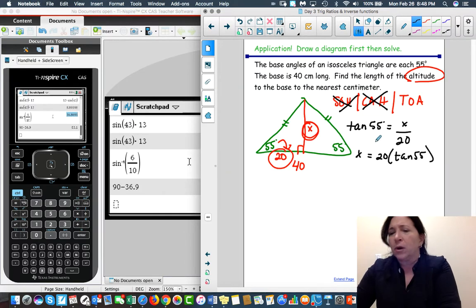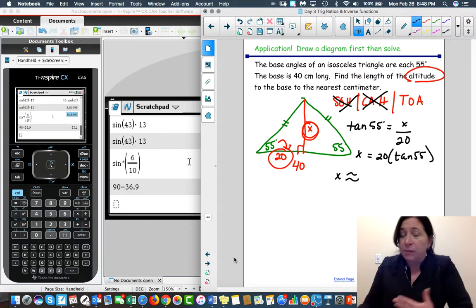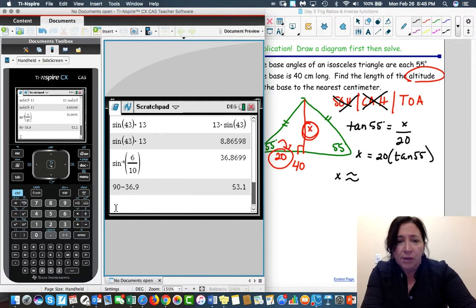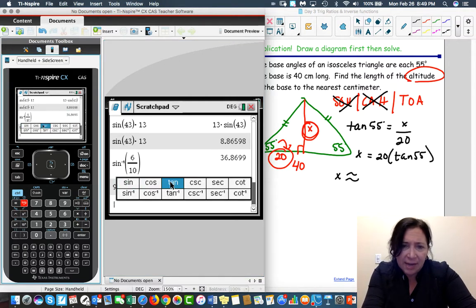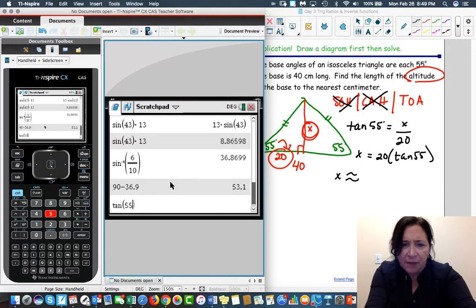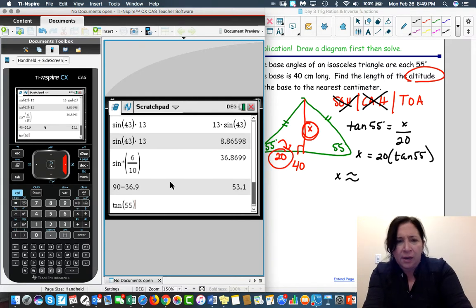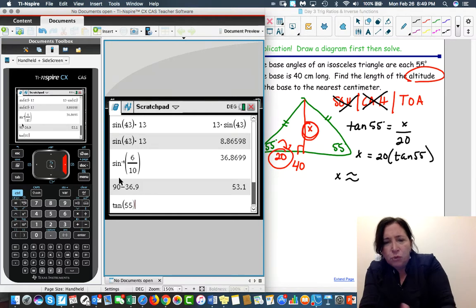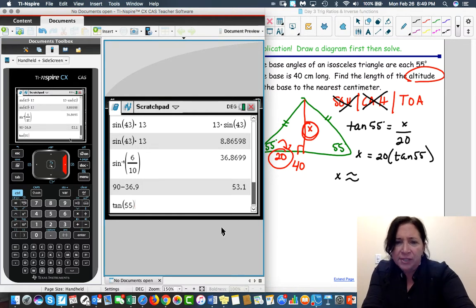And so I'm going to use my calculator, and remember, because I am going to approximate, I'm going to say tangent of 55 degrees. You might have to use the arrow button on the trackpad to get out of the parentheses. So tangent of 55 times 20.